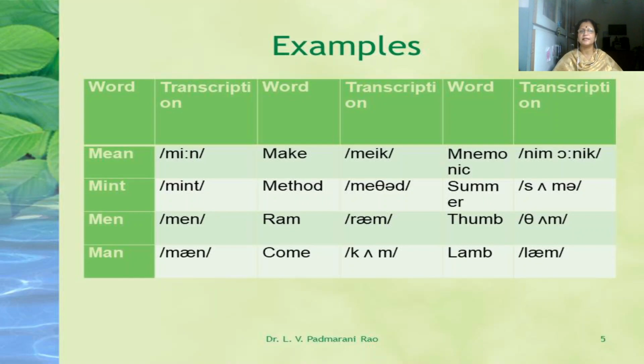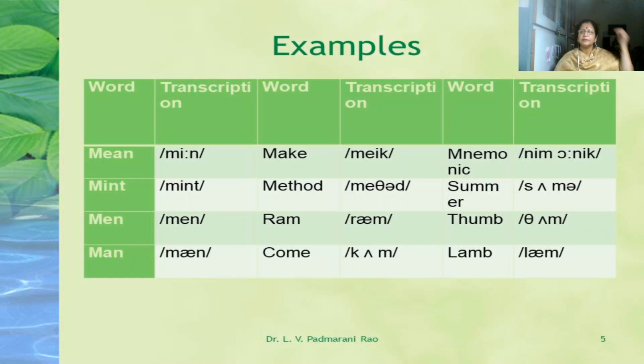Note that I have an aspirated k sound for C-O-M-E, come. M-N-E-M-O-N-I-C. Wherever we get M and N in the spellings, m sound is silent over there. So it is mnemonic, m occurring in the medial position.